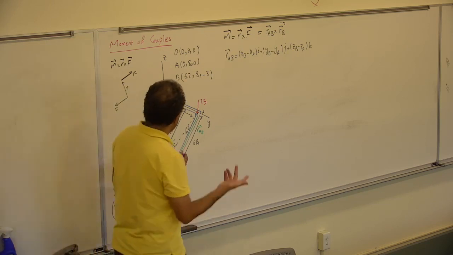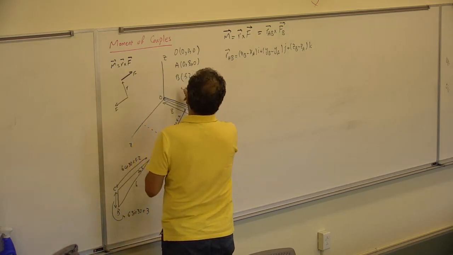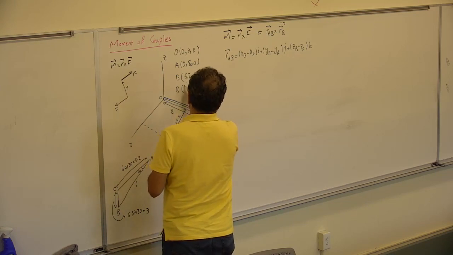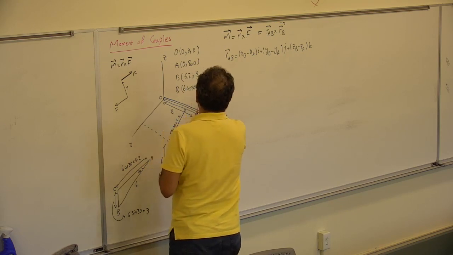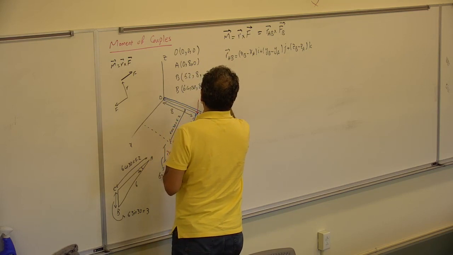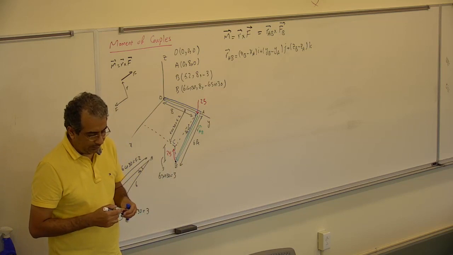You want to follow, just to make it look like the book, because the book didn't do it like that, I can rewrite it like that. So the x is 6 cosine 30, 8, and the y is minus 6 sine 30. This is how the book writes it, in case you want to follow it.